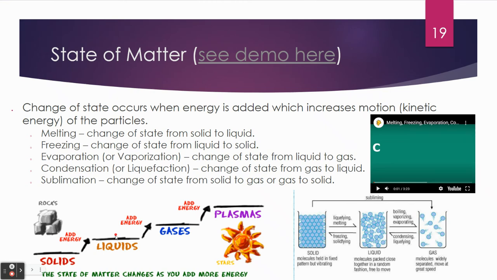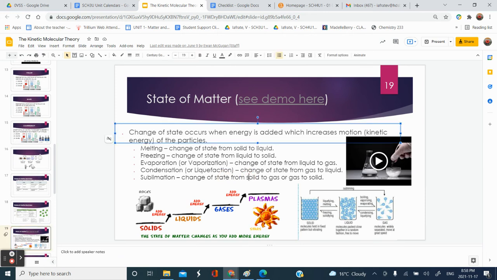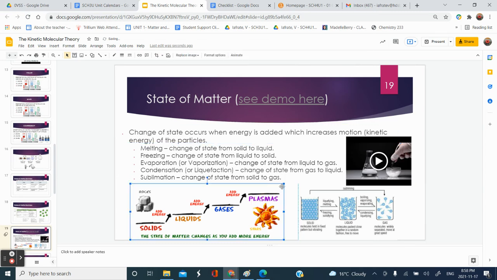Now there is one more term I didn't mention. I'm just going to add it here by typing it in. So sublimation is when you change state from solid to gas directly. And then, although I said sublimation here, in reality, a better term for this is deposition. Let's add that there.